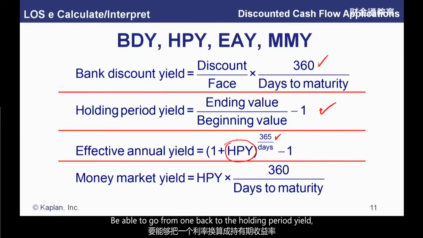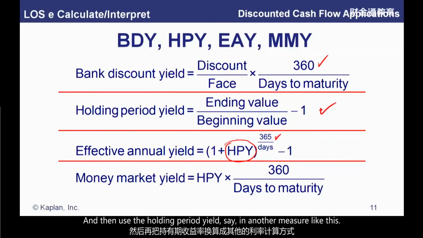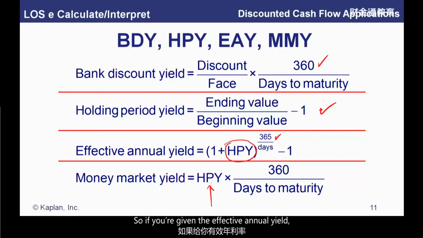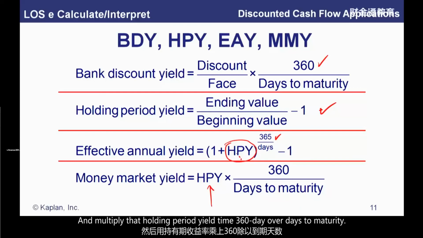Be able to go from one back to the holding period yield, and then use the holding period yield, say, in another measure like this. So if you're given the effective annual yield and you're asked for the money market yield, I would just back that holding period yield out of there and then multiply that holding period yield times 360 over days to maturity.